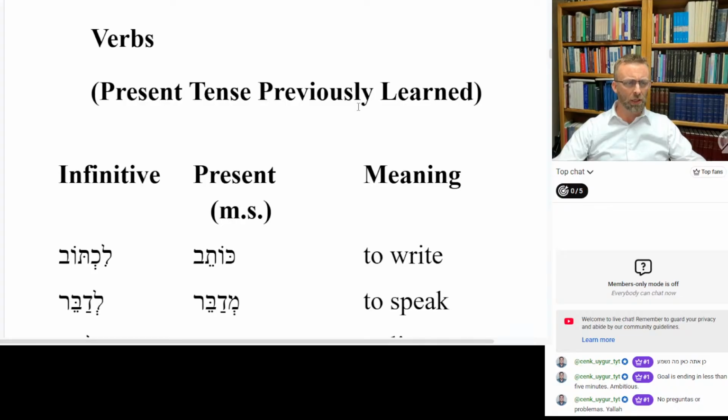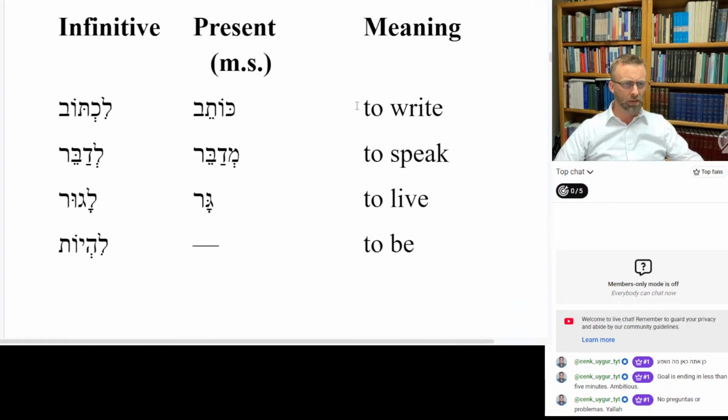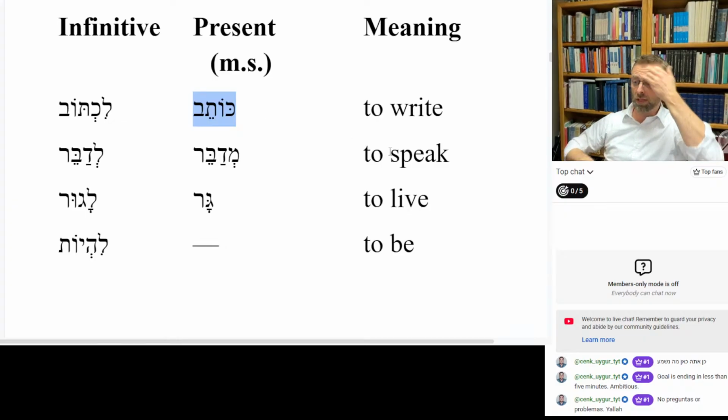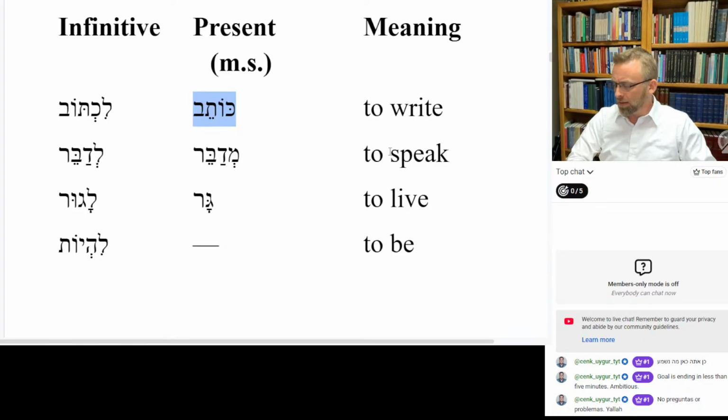Okay, so now we learned a little bit about the present tense in the last lesson. The infinitive lichtov means to write, but the base form of the present tense in modern Hebrew is always going to be the masculine singular.